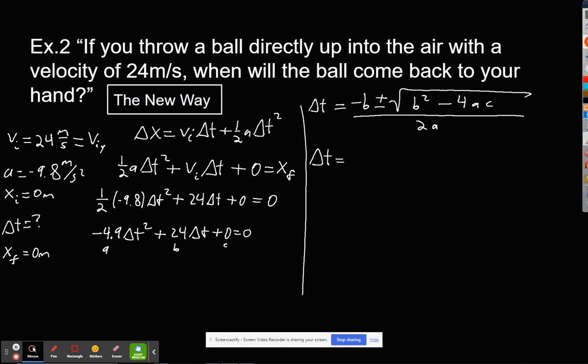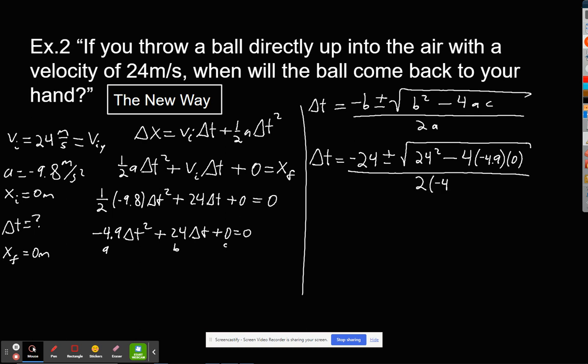Okay, our B, we got 24. Our A, negative 4.9. But our C is still 0, since we started at position 0. All over 2A. Simplify it a bit.